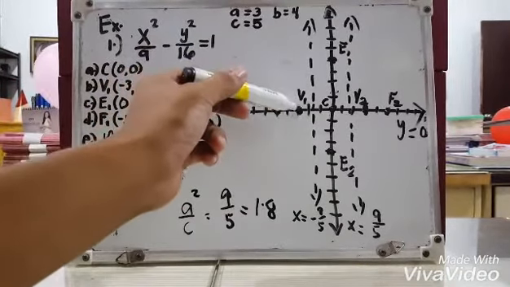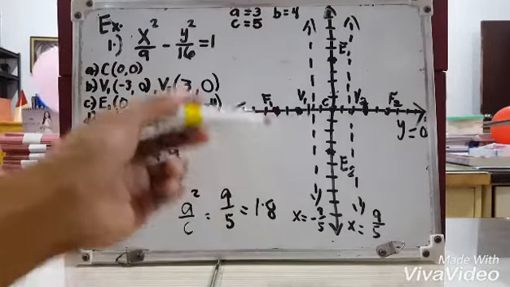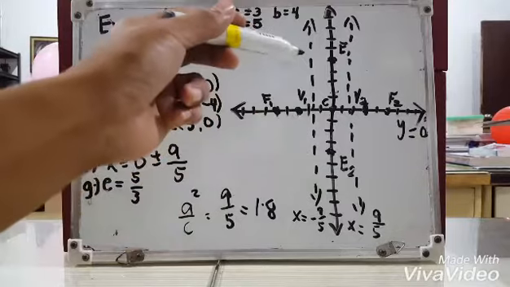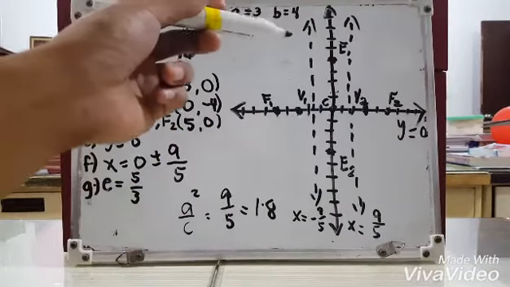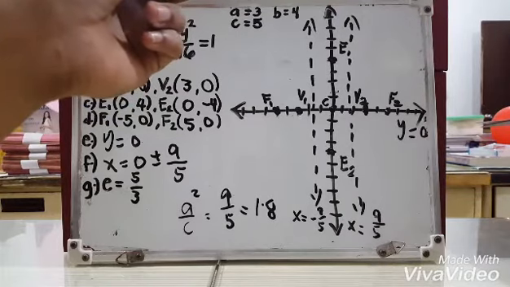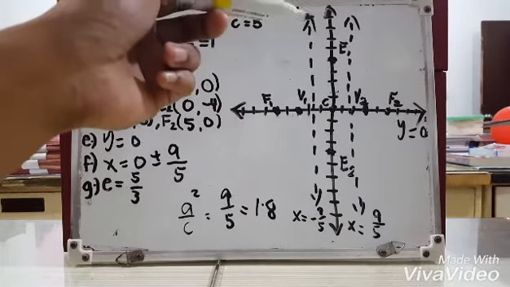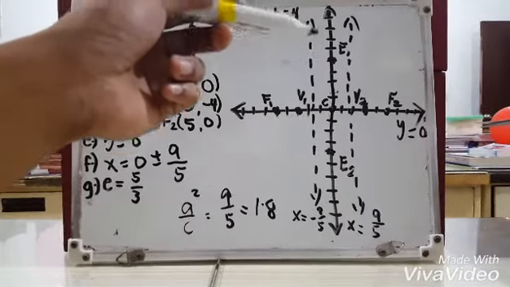So, consider this one, V1, V2, E1, and E2. From these 4 points, class, we will make a rectangle. Okay? This is what we call the auxiliary rectangle. Again, this is what we call the auxiliary rectangle.